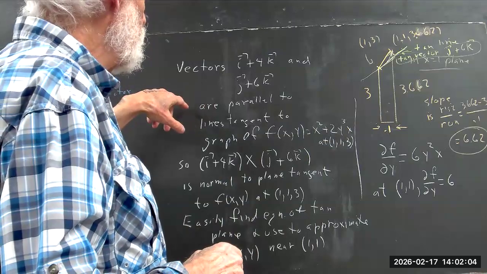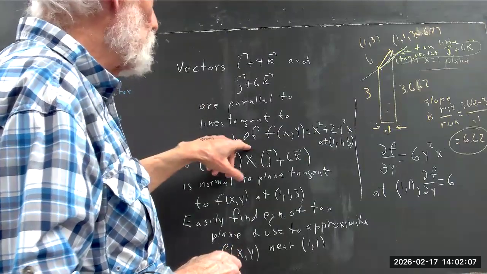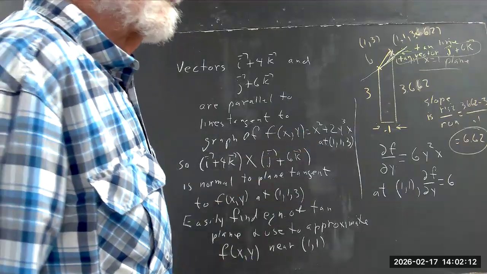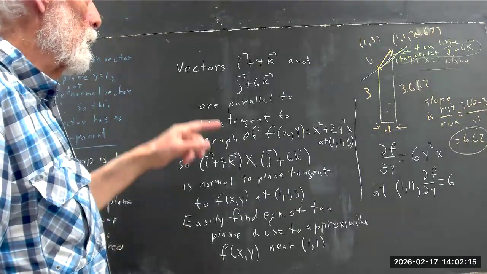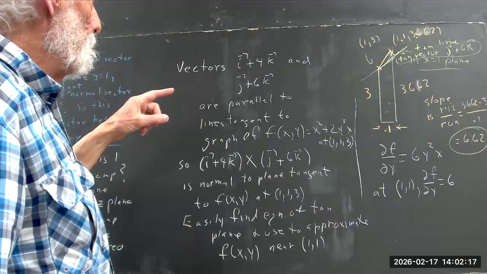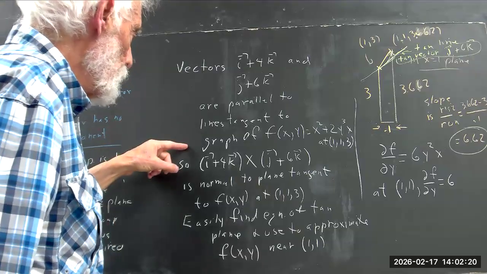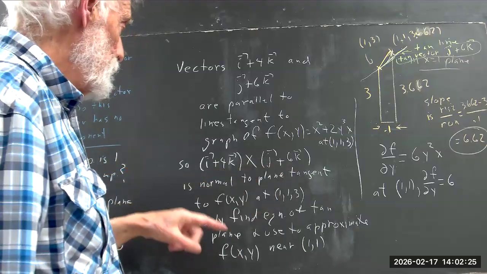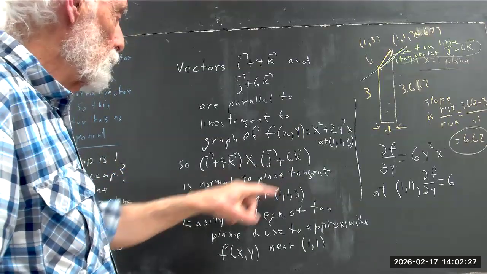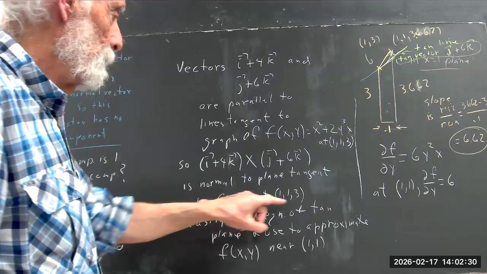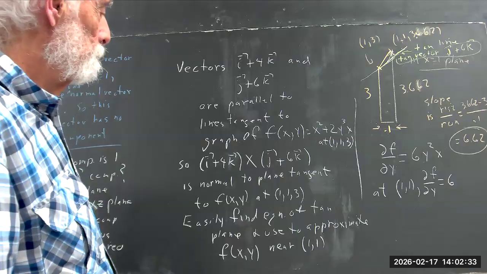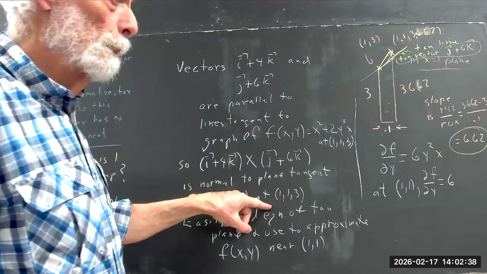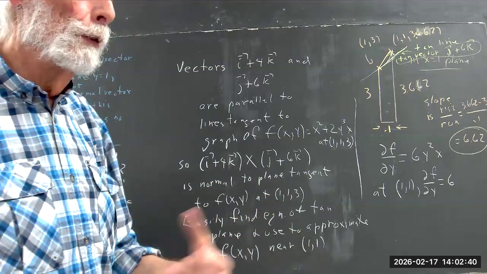These are both parallel then to lines that are tangent to the graph of this function at the point (1, 1, 3). We can therefore take the cross product and get a vector that's normal to the plane tangent to the function at this point. Now we're going to have a vector normal to the plane and a point on the plane, so it's really easy to write the equation for the plane.